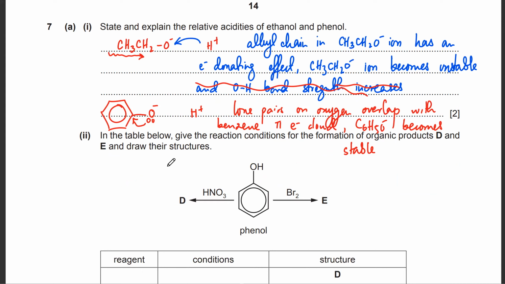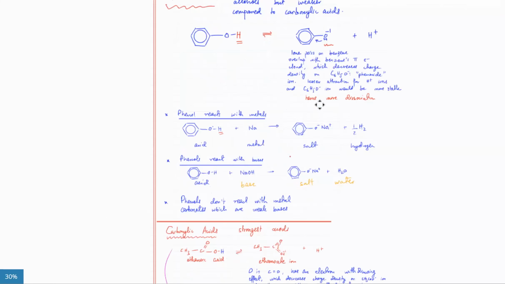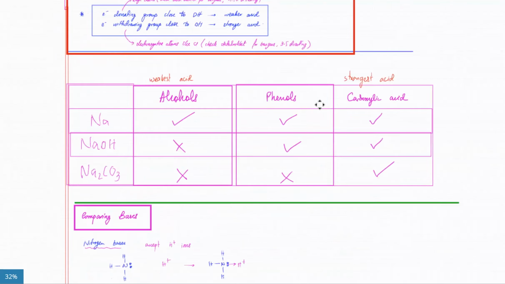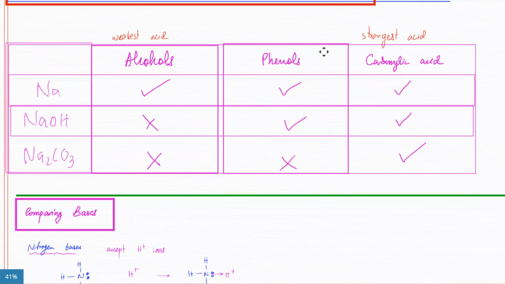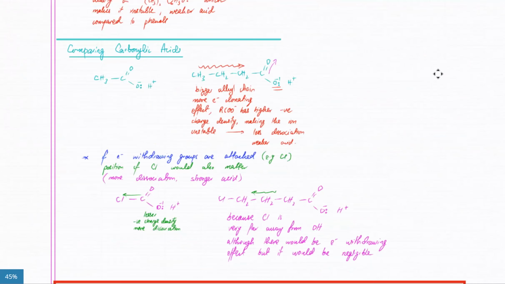So the phenols are more acidic than ethanol, right? Remember, phenols are better acids compared to alcohols, and carboxylic acids are even better acids. So you have to know the reasoning. Why were carboxylic acids such good acids?